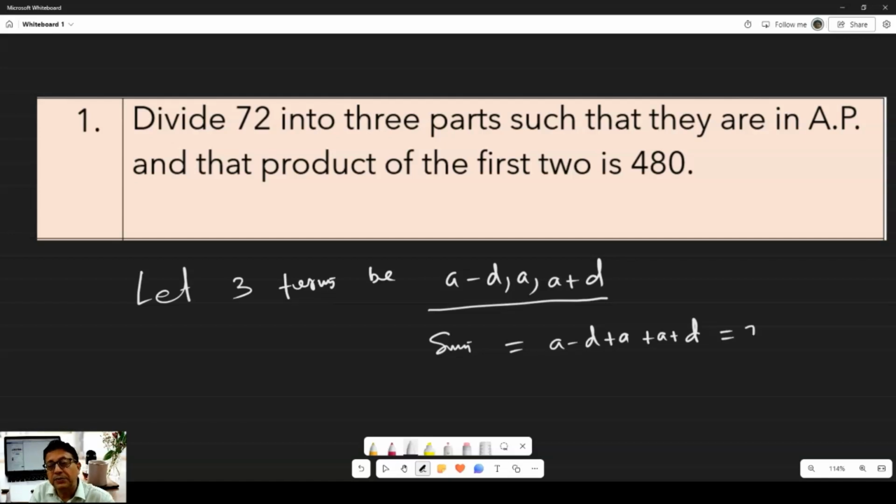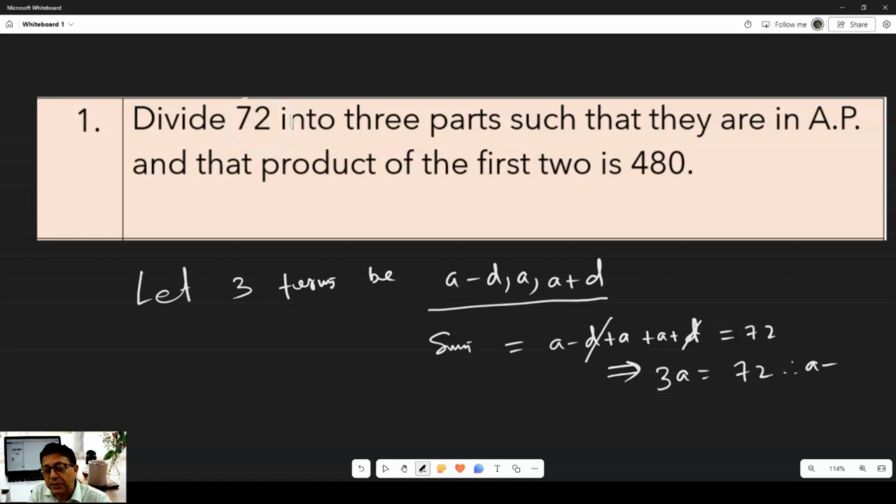This is 72. Why? Because they have given that the sum of those 3 terms is 72. So these two get cancelled. This implies that 3a equal to 72. So this is the advantage. Considering 3 terms in AP in this manner will help us get the value of a quickly.